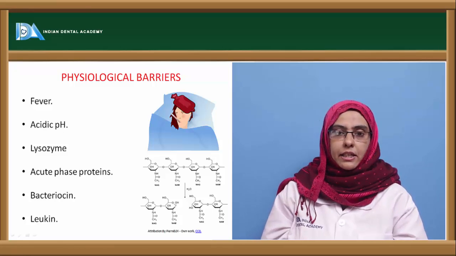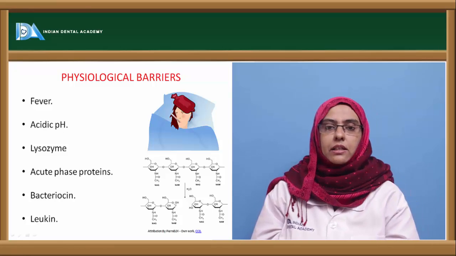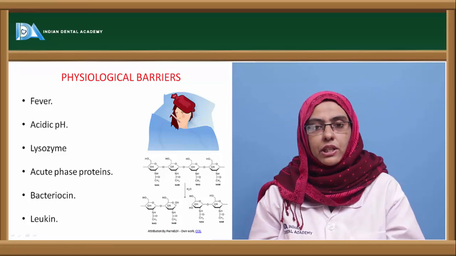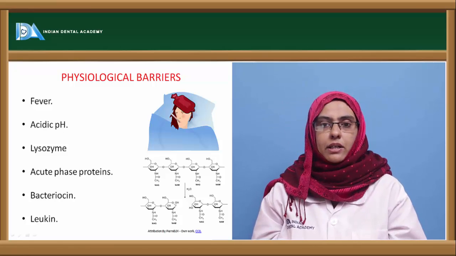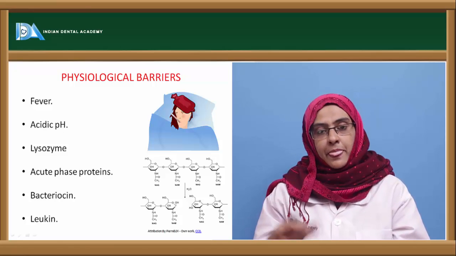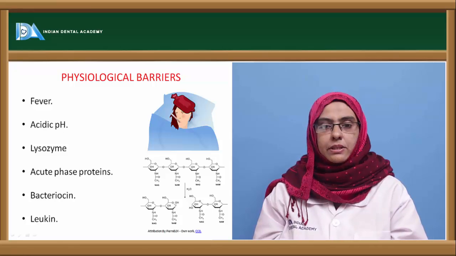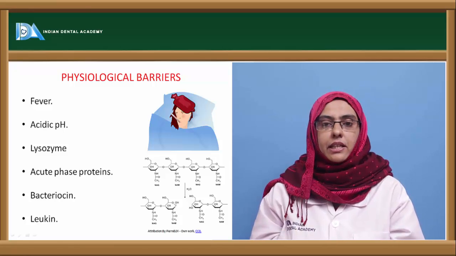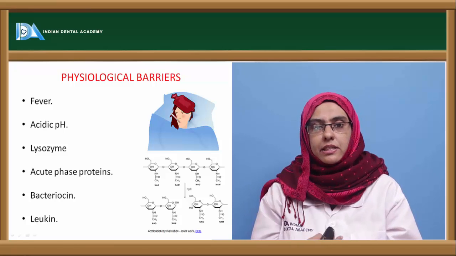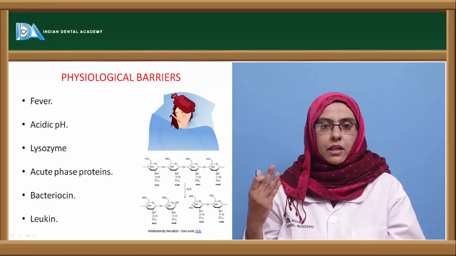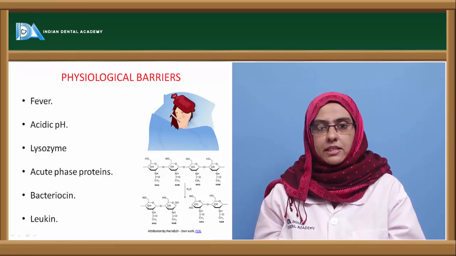And next is the acidic pH. The pH of the skin and of the stomach contents is usually acidic, which is harmful to the microorganism, and microorganisms are easily killed by acidic pH. Next is lysozyme. Lysozyme is a secretion produced by different parts of our body. It is present in the skin, tears and saliva, and it inhibits the organism by acting on its cell wall.